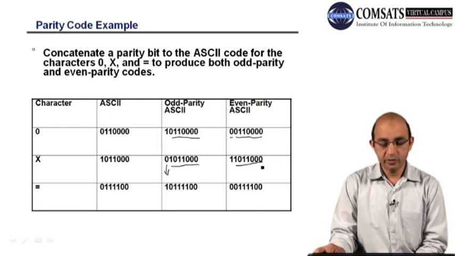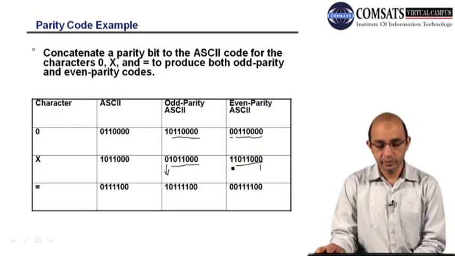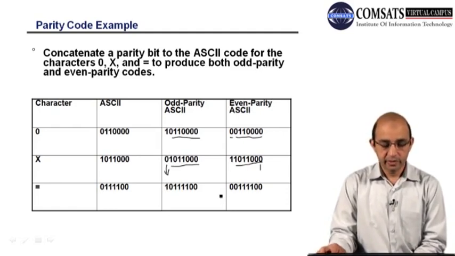And if, due to some error, one of the bits has been changed, the number of ones will be odd, but we are using even parity. So in this way the system can detect that there is an error, and it can request to resend the data again, or there can be some other mechanism to correct this error, right?